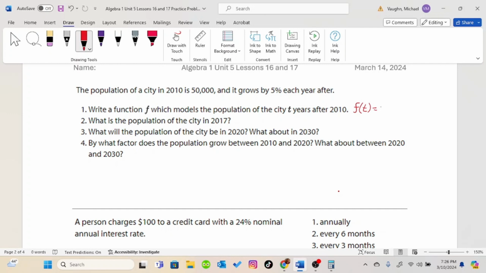That equals the starting amount, 50,000, times the growth factor, 1 to maintain the current amount, 0.05 to represent the 5% increase, and the exponent is the input, which is t.